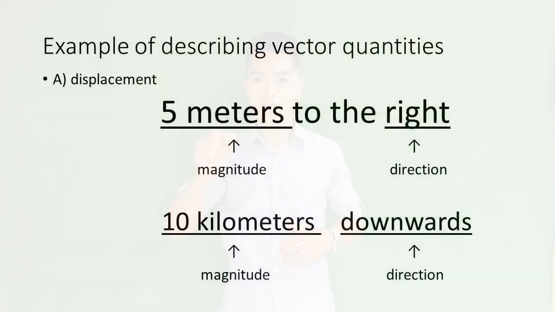For example, in describing displacement, we say 5 meters to the north, or 10 meters to the right, or 1 meter to the south. That is how we describe it. It always has a magnitude and a direction.